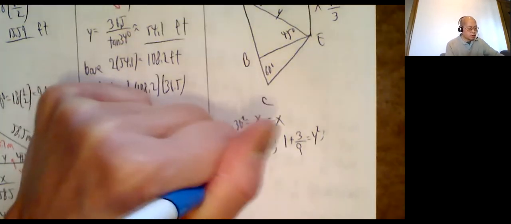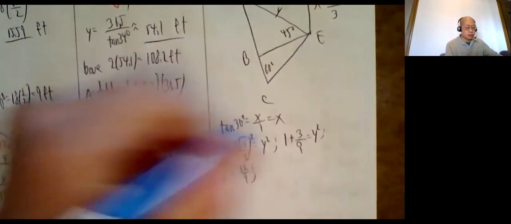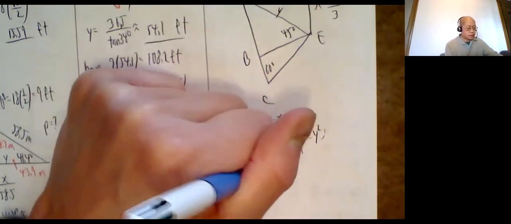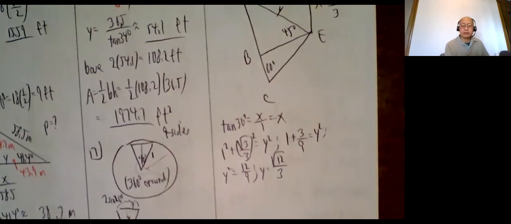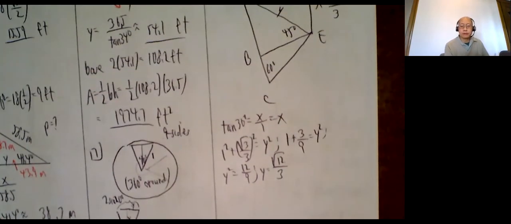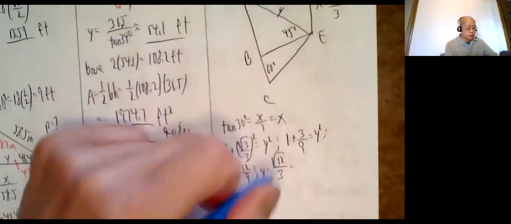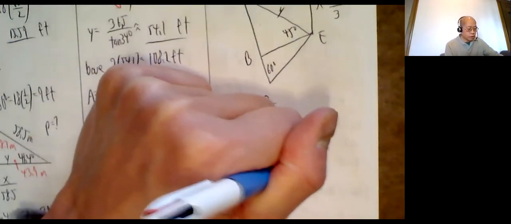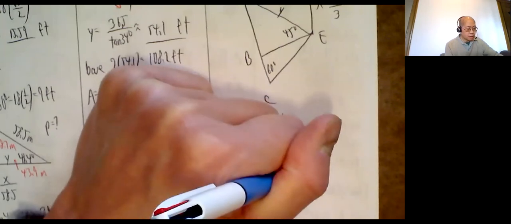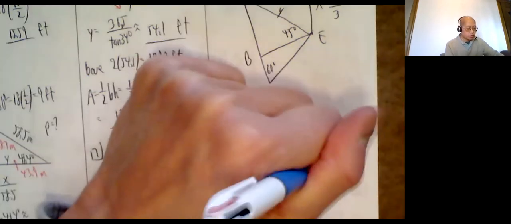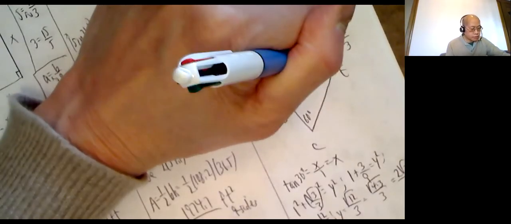Y squared equals 12 over 9. So Y is square root of 12 over square root of 9, which is 3. 12 is 4 times 3 divided by 3. So 2 radical 3 over 3. So Y is 2 radical 3 over 3.